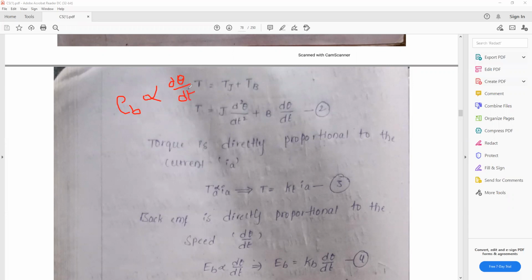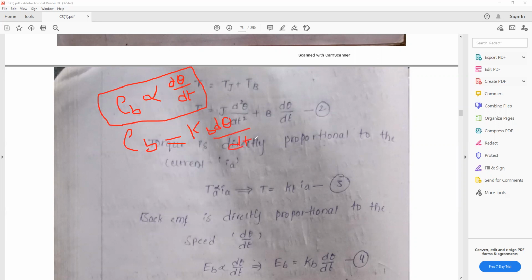So back EMF is equal to KB into d theta by dt.